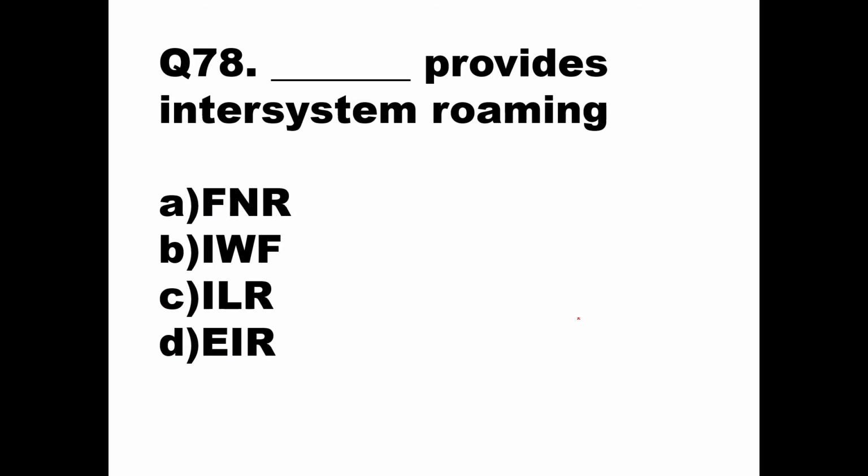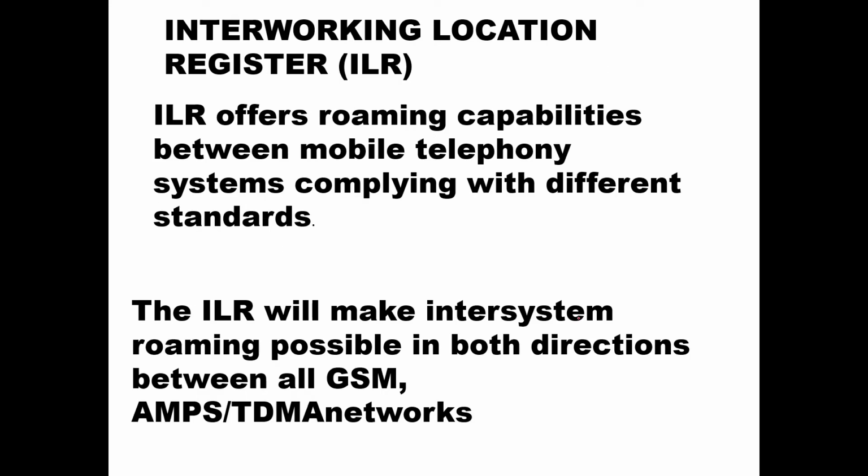Dash provides intersystem roaming. So this is a question related with mobile communication system. Okay, so dash provides intersystem roaming. Now here the answer will be ILR. Option C will be the right answer. If you see the theory for that, interworking location register, ILR.